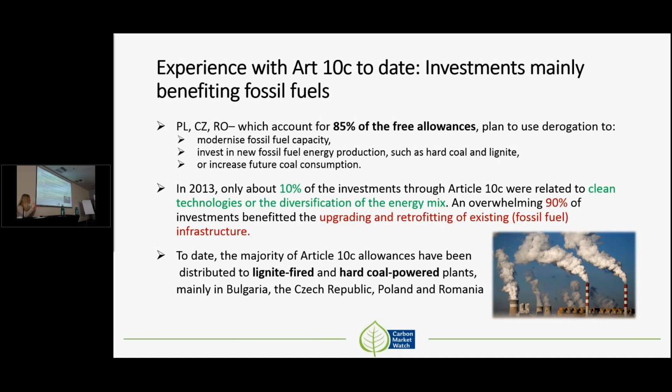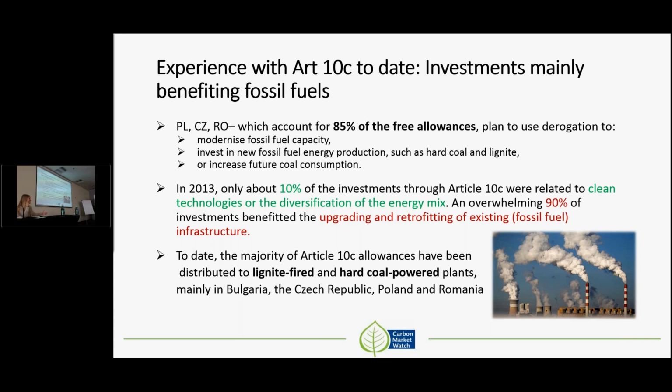So I just want to show you the whole picture. We have a mechanism which is supposed to help member states modernize and decarbonize their power sector, but already in the first year of this derogation, 90% of investments were used to support existing fossil fuel capacity, and only 10% went into renewables.